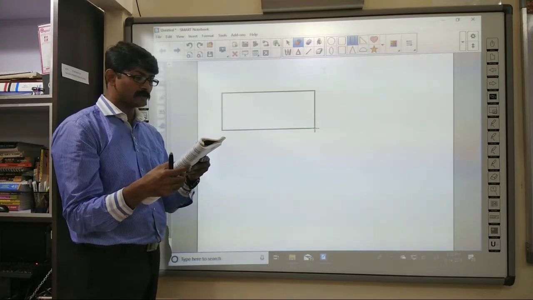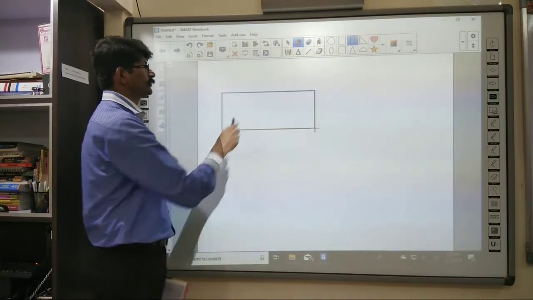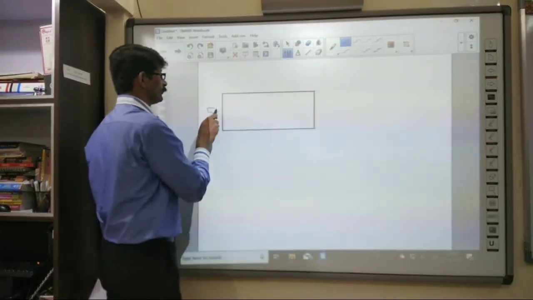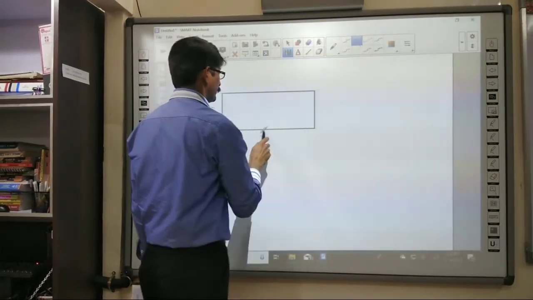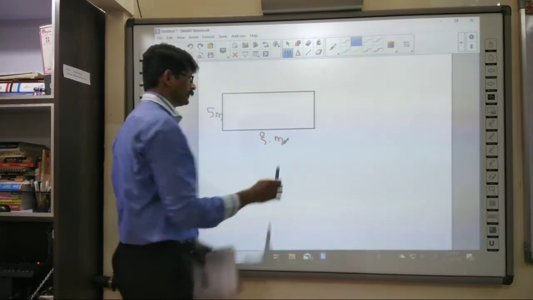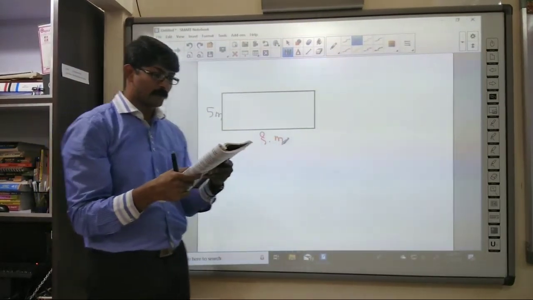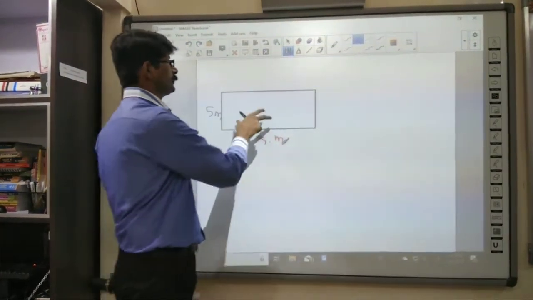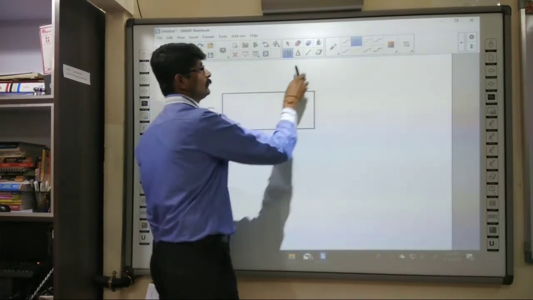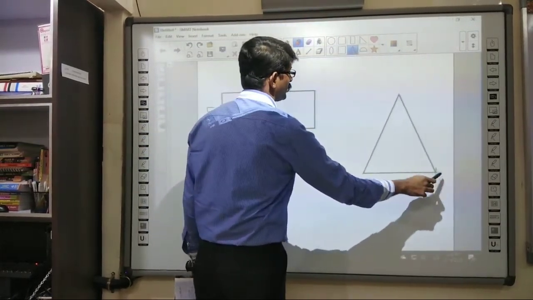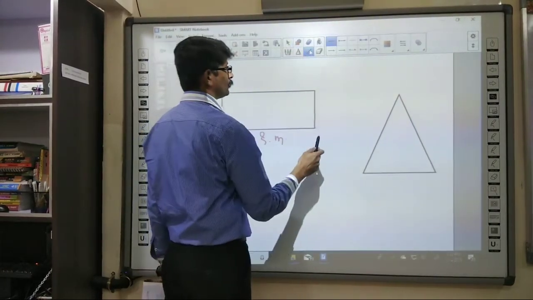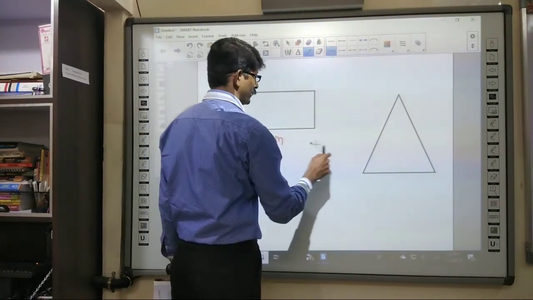And the width is mentioned over here. How many meters of cloth? 5 meter wide. So the width of the cloth is given, which is 5 meter. We have not been given the length, isn't it? And it will be required to make a conical tent. Out of this rectangular sheet, what are we making? A conical tent we are making. So how will the conical tent look?